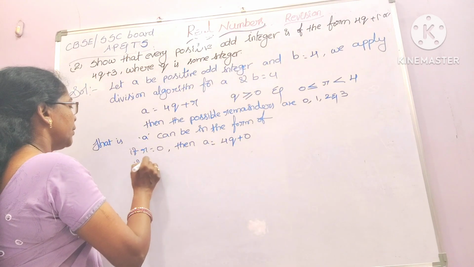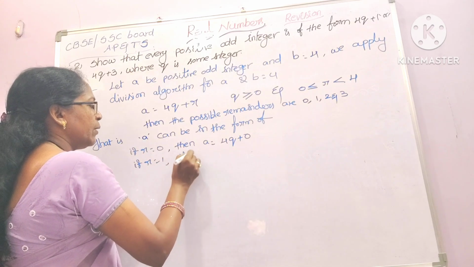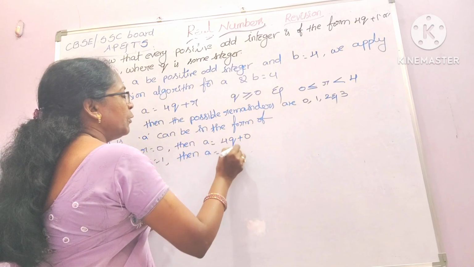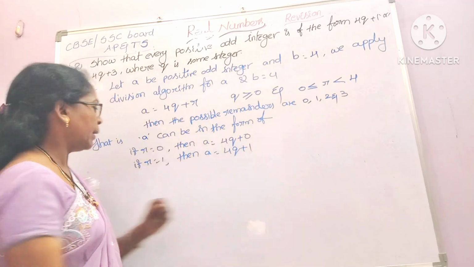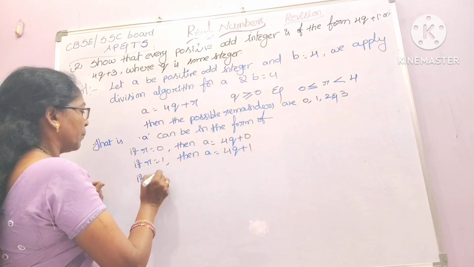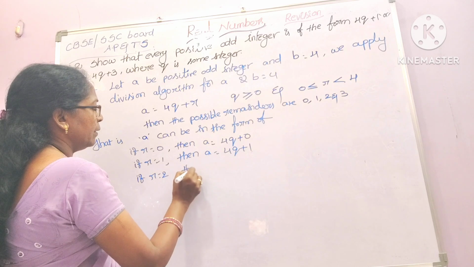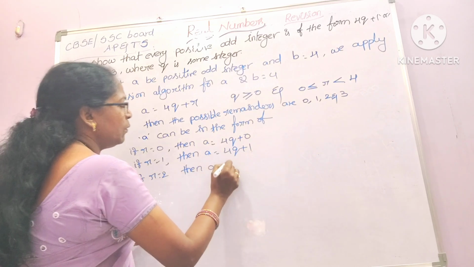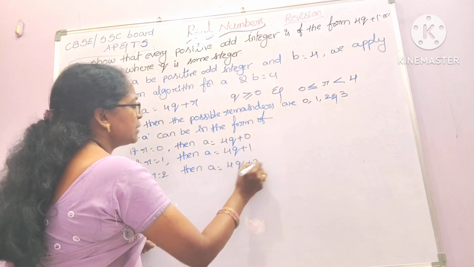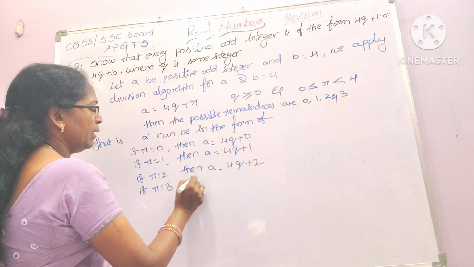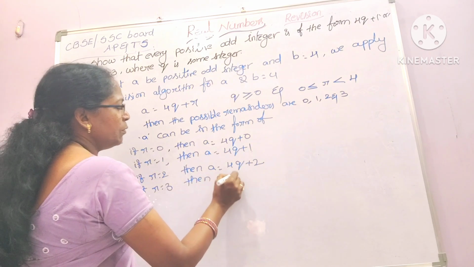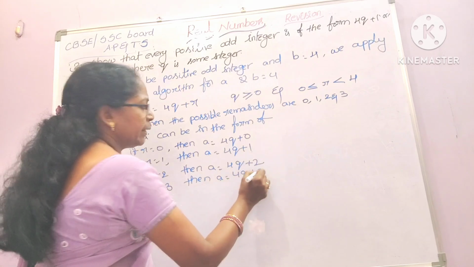If r equal to 1, then A equal to 4q plus 1. In place of r, you write 1. If r equal to 2, then A equal to 4q plus 2. If r equal to 3, then A equal to 4q plus 3.